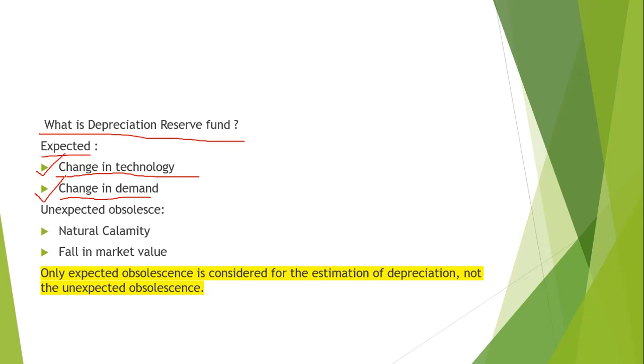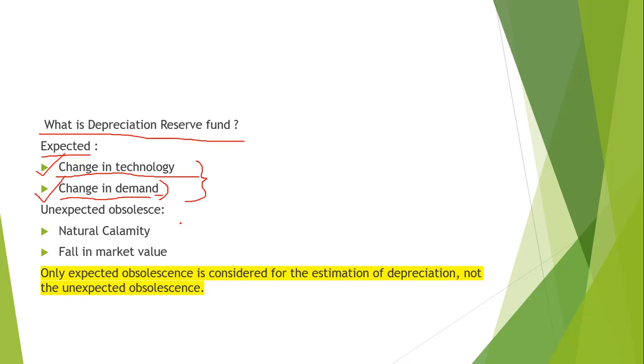As we know, the market changes almost every month, so we cannot say what people will like at this point of time or after a year. This is also obsolescence. These two basically are factors of obsolescence.